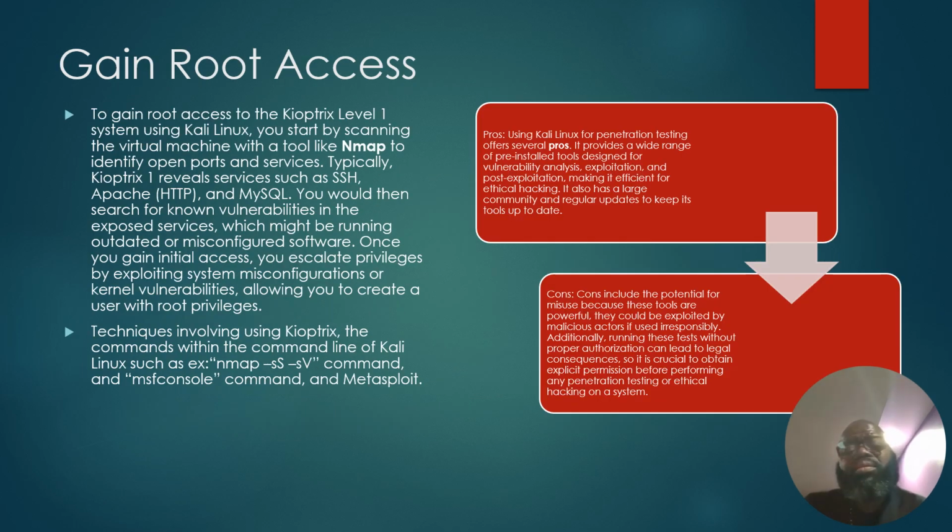To gain root access to the Qualtrics Level 1 system using Kali Linux, start by scanning the virtual machines with a tool like Nmap to identify open ports and services. When you identify an open port, that's where the bad guys can come through to get access to write malicious code to steal people's identity.